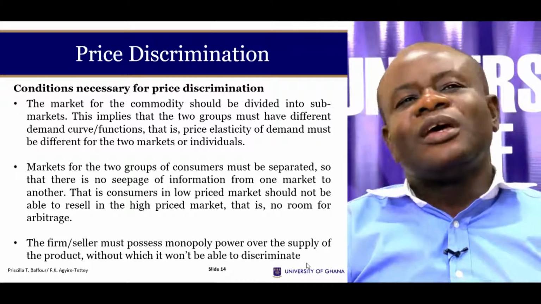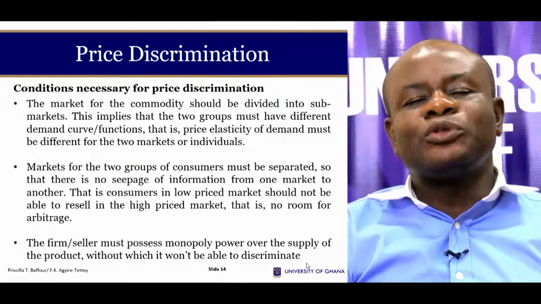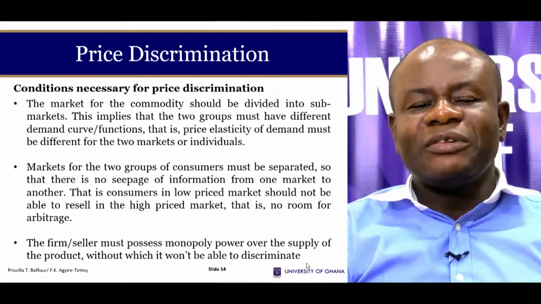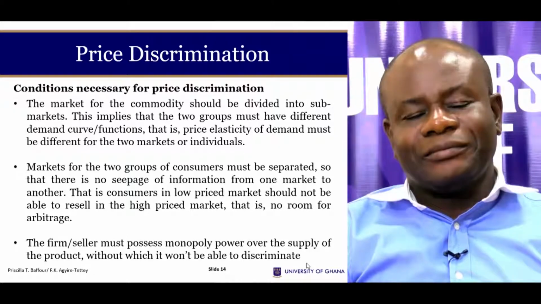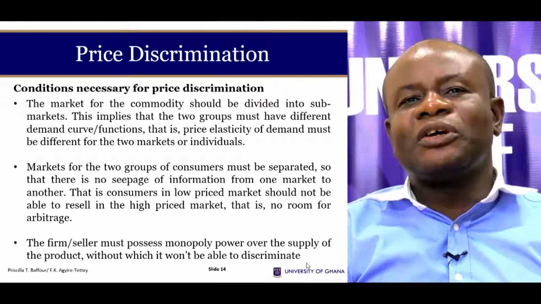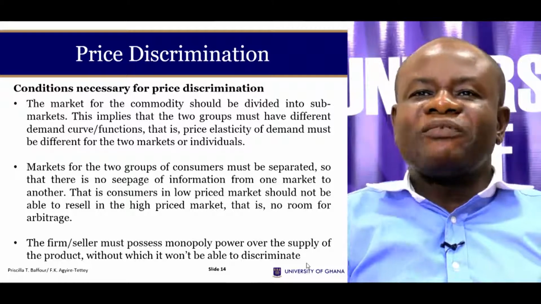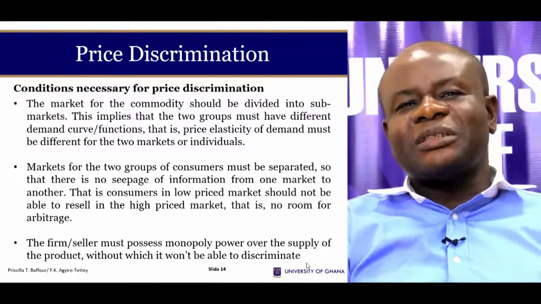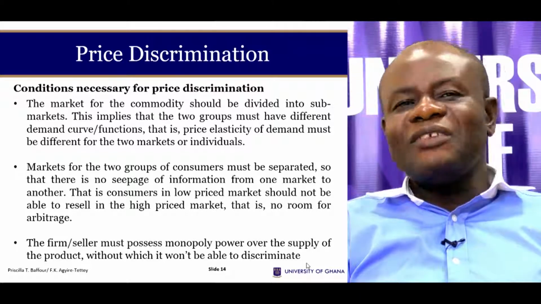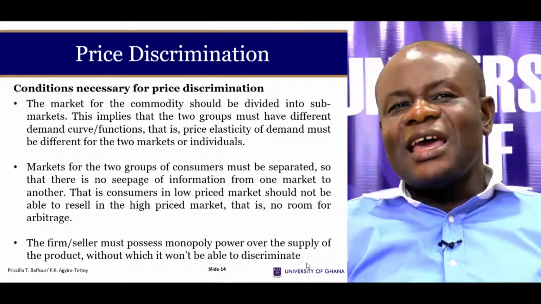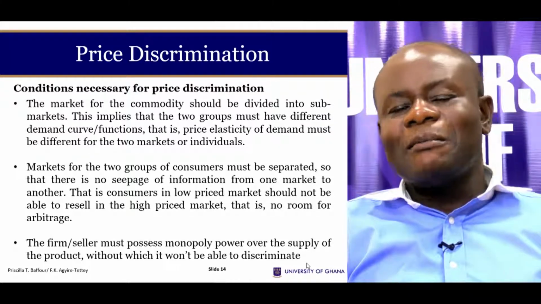Then also, if the firm is able to divide the market into 2 parts, the firm must also make sure there is no seepage of information from one market to the other. In other words, it should not be possible for an individual to purchase a commodity in the low price market and sell in the high price market.